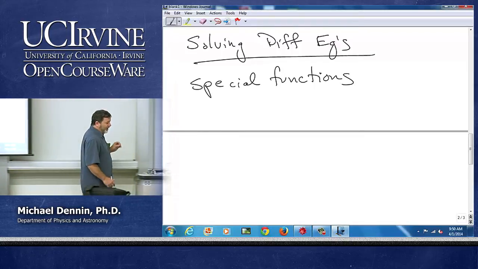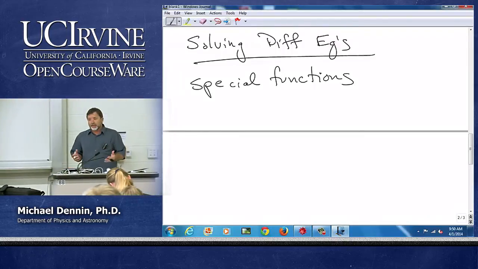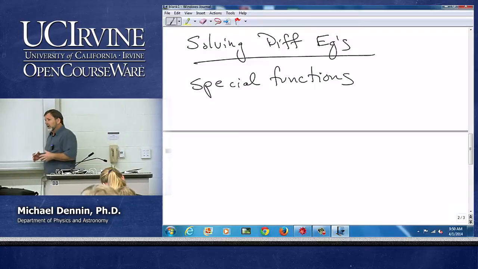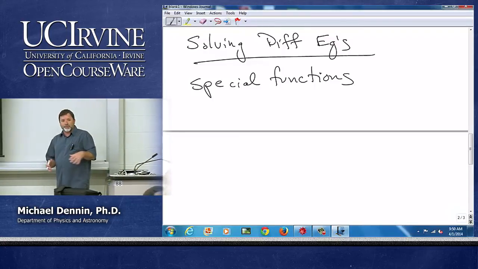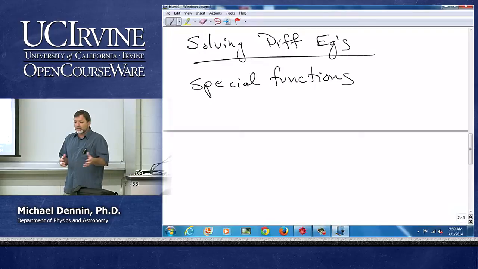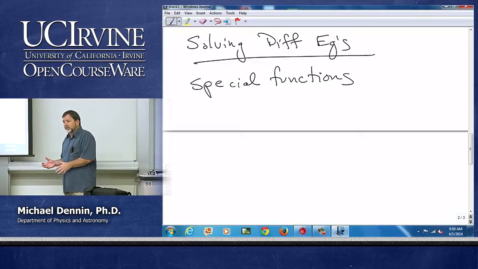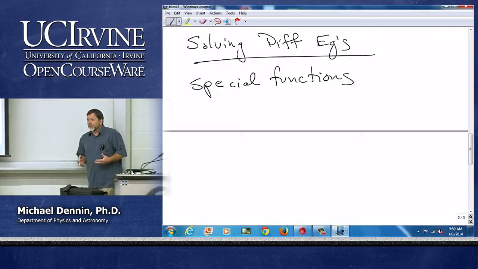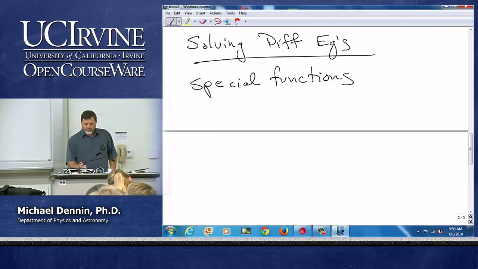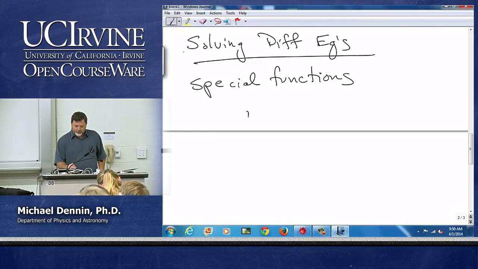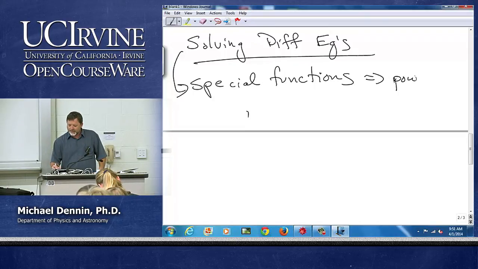But basically, every special function, sine and cosine included, which are a little different because they're defined both in terms of triangles and in terms of solutions to differential equations. But really, from a physics point of view, they're a solution to a differential equation that has special properties that really is defined by its power series.